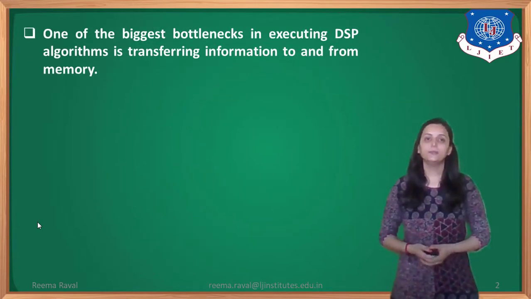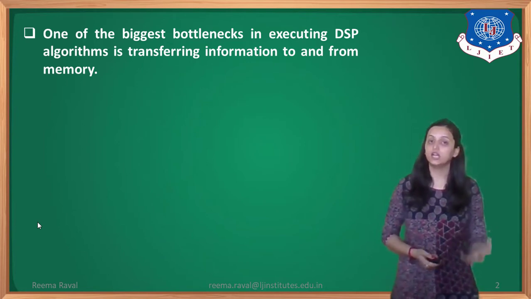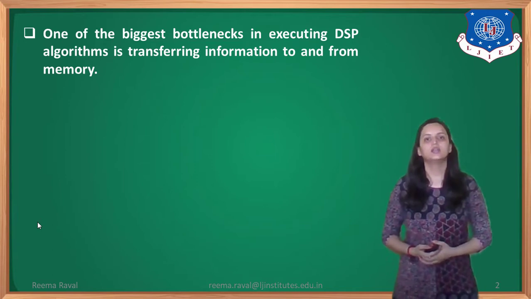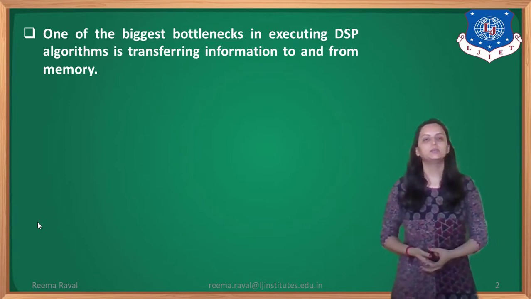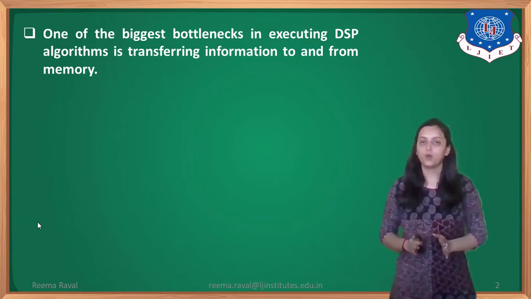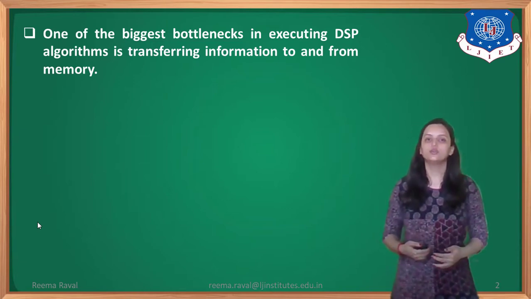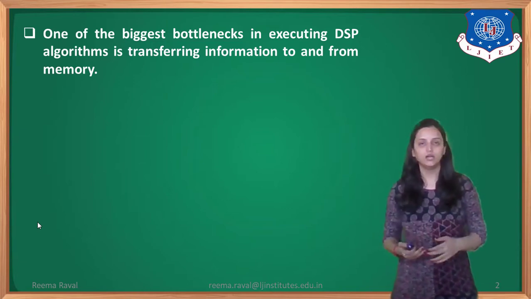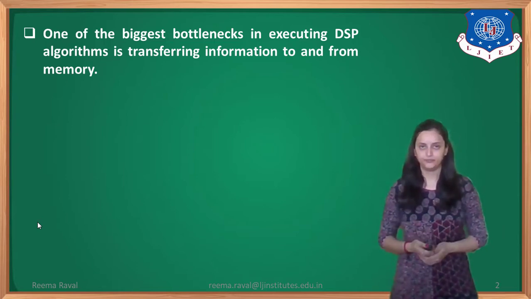So, one of the biggest bottlenecks in executing digital signal processing algorithms is transferring information to and from the memory. That means whenever we are using a digital signal processor, the biggest challenge is how to transfer the information or data to the memory and how to access the data from the memory.